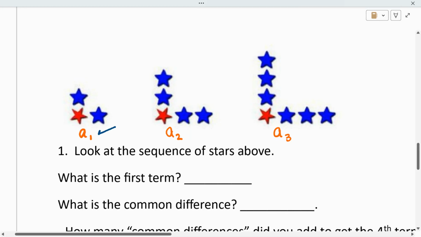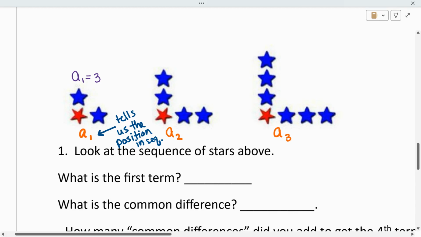So the number tells us the position in the sequence. This is the first, this is the second, this is the third. That little number just tells you where it's located in the sequence. So when I think about A sub 1, how many stars do I have? Yeah, so A sub 1 equals 3.